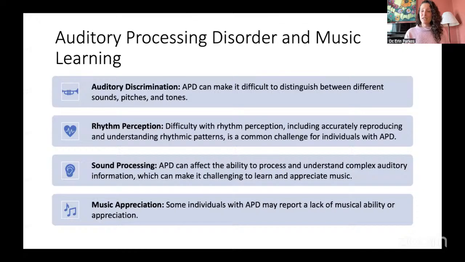So here are some ways that auditory processing disorder can impact music learning. So the first one, auditory discrimination, is quite obvious. APD can make it difficult to distinguish between different sounds, pitches, and tones.